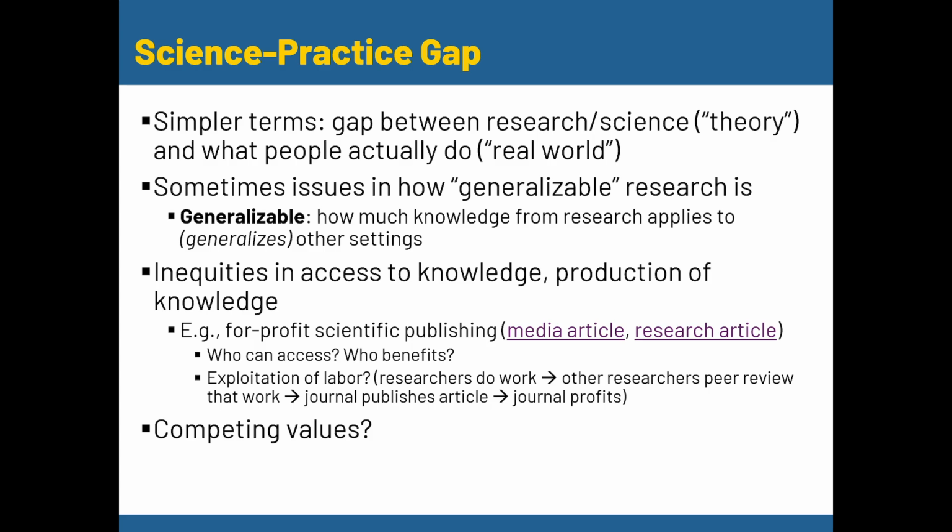Something to think about here too is competing values. Thinking about the competing values framework that we talked about when we discussed organizational culture, there might be some misalignment between the values that are inherent within science and those inherent within practice. For example, one of those values is market, right?